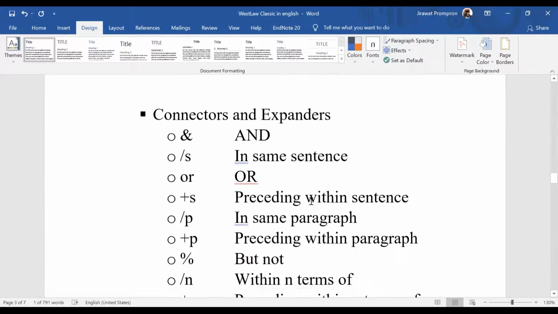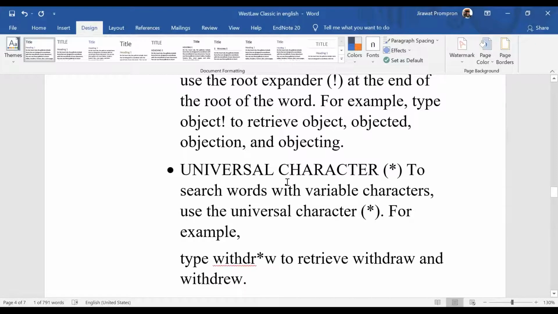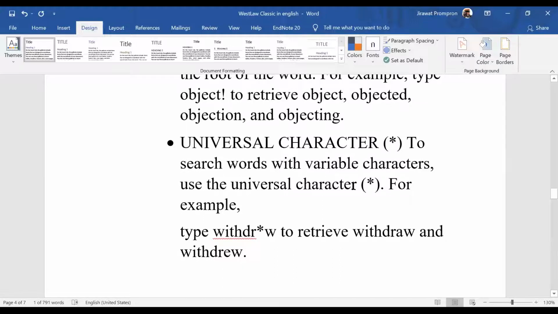And another one you have to know is the universal character. The universal character means a single character.